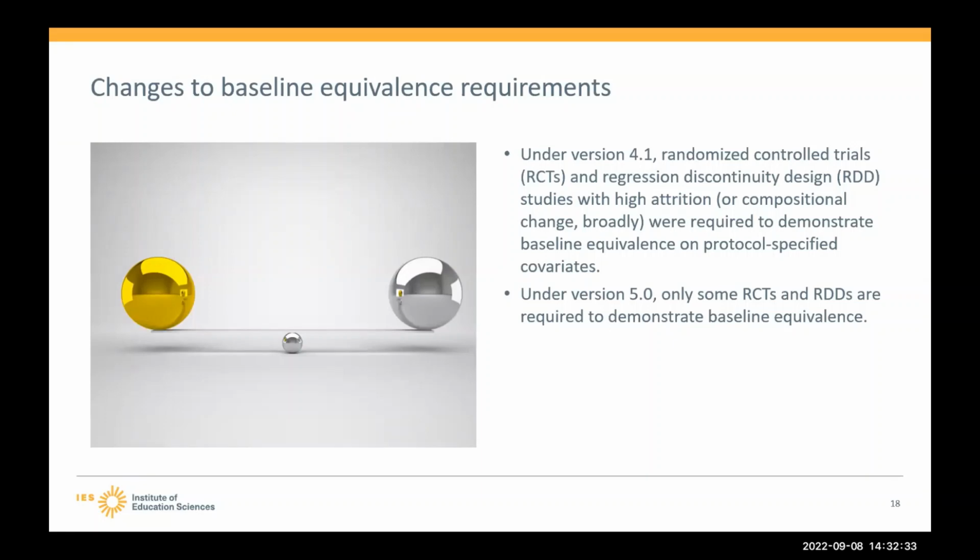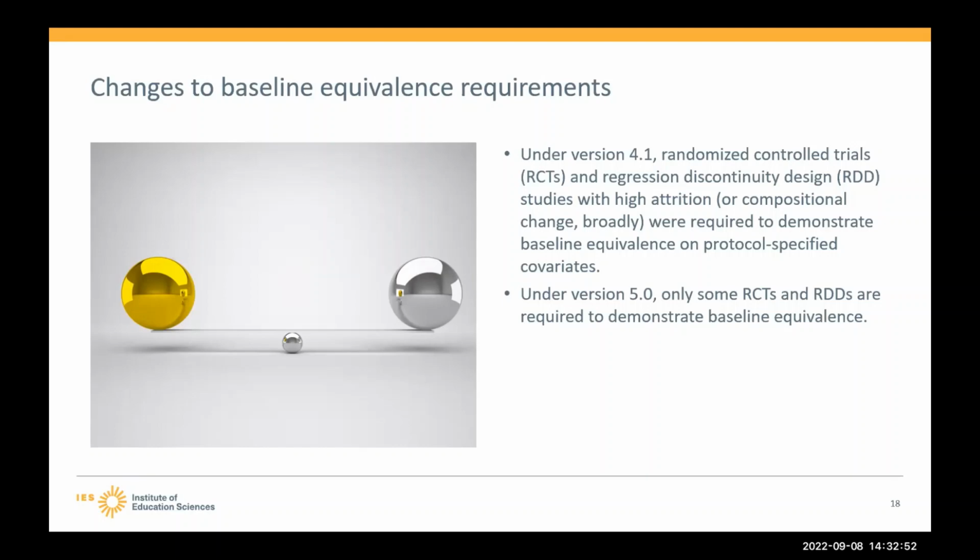So in other words, those designs were required to demonstrate the baseline group differences on protocol-specified covariates were no greater than 0.25 standard deviations, and also that those designs were required to statistically adjust for any differences larger than 0.05 standard deviations.